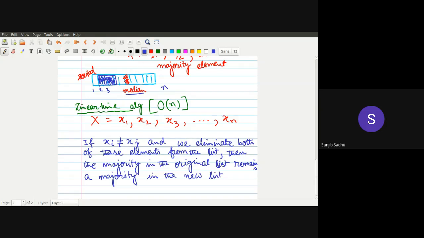This is the key observation. Very important. Check it.